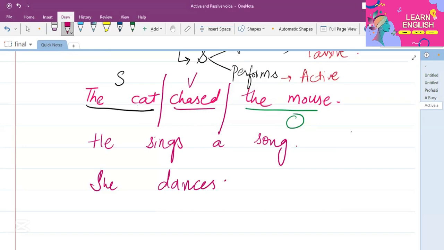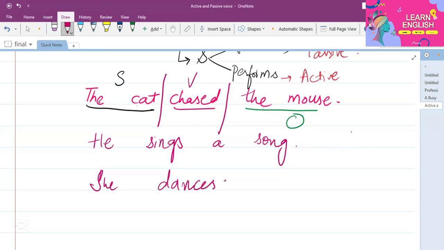We must know when the subject is receiving the action. There must be an object for passive voice. If the subject is to receive an action, there must be an object at the start of the sentence. Mostly, in active voice the subject is at the start of the sentence, but in passive voice the same subject moves to the end of the sentence.